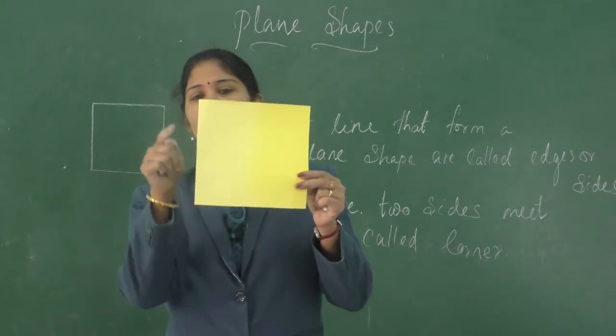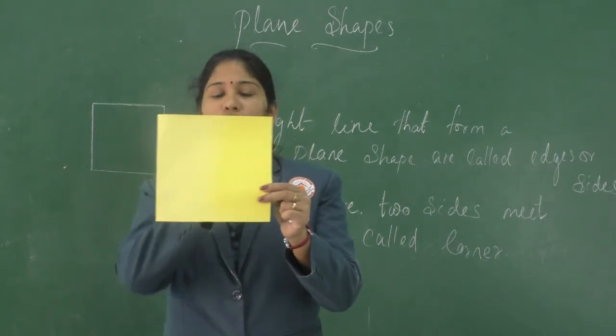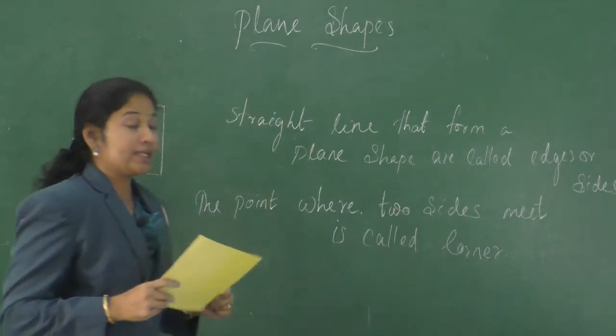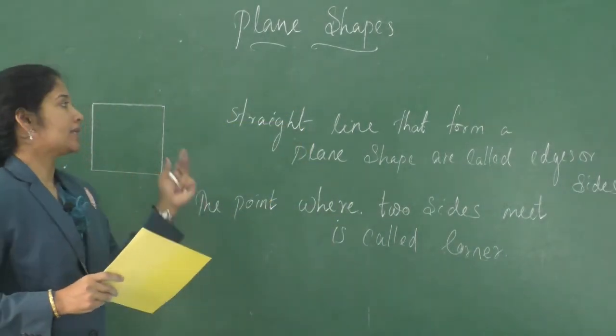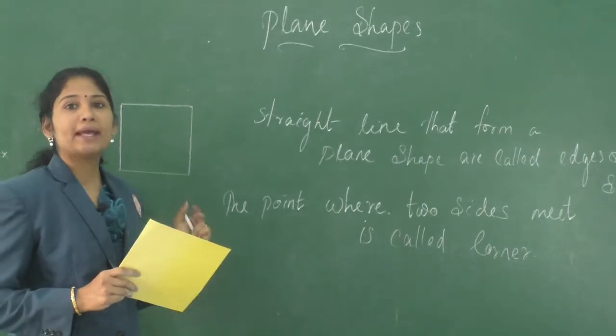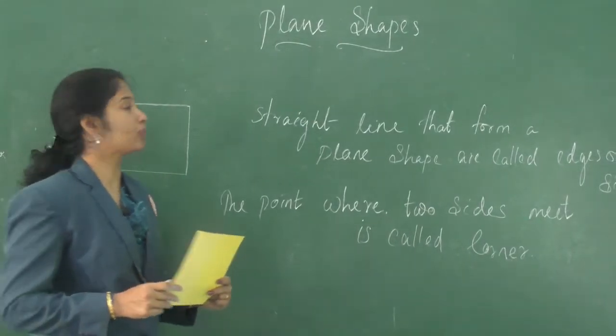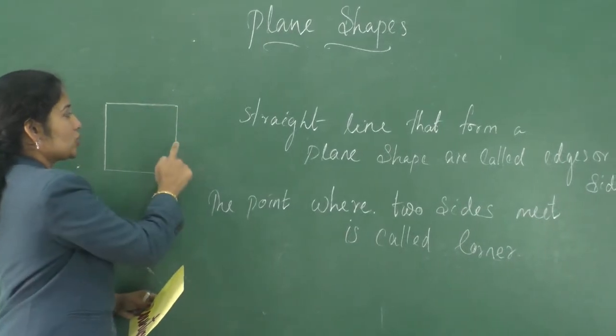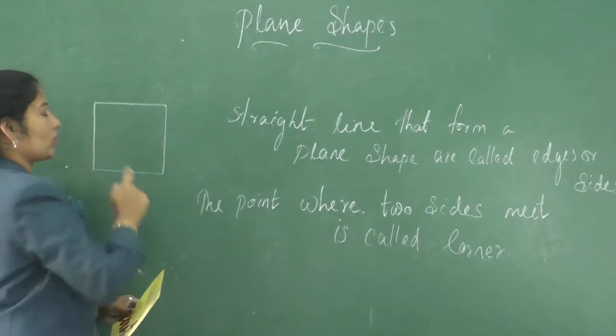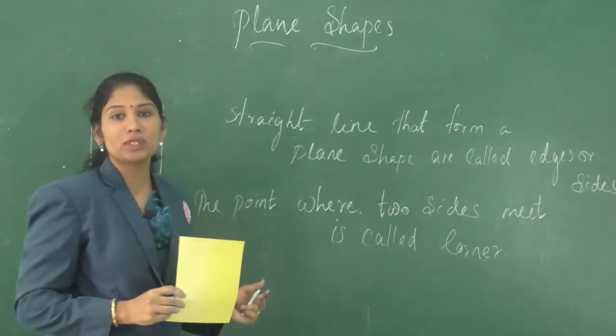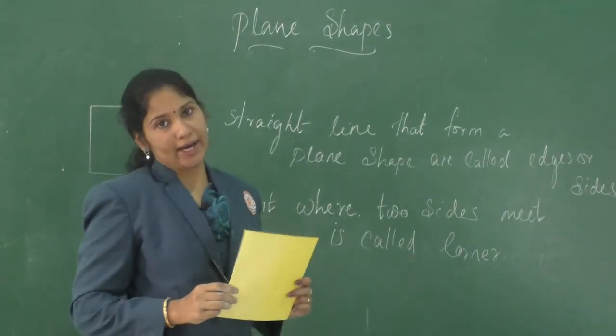Yes, 1, 2, 3, 4. And what are called edges or sides? The straight lines that form a plane shape are called edges or sides. Squares have 4 sides or 4 edges.